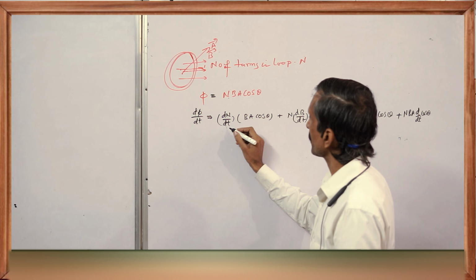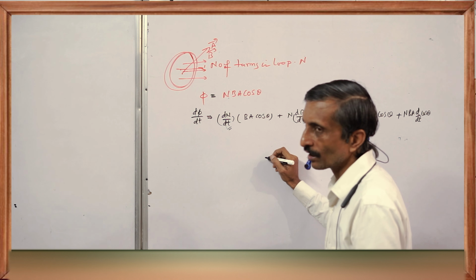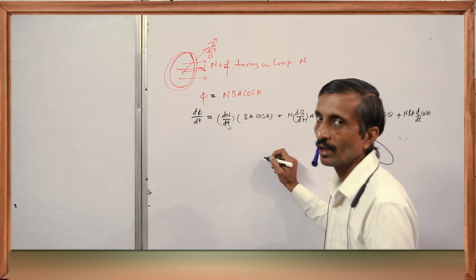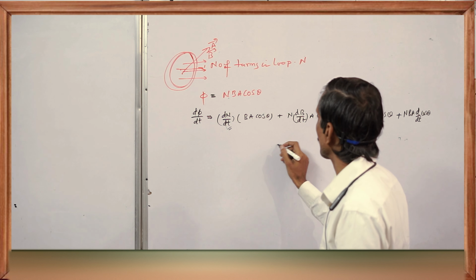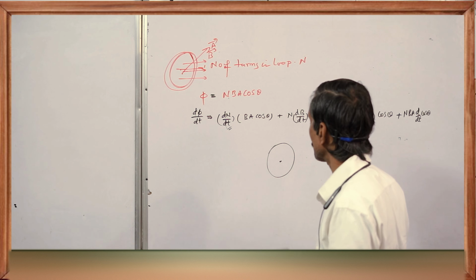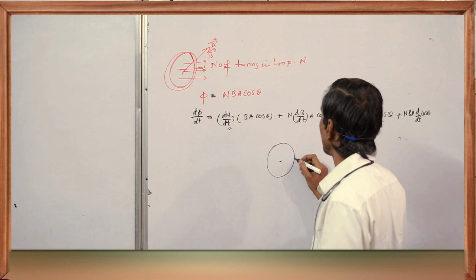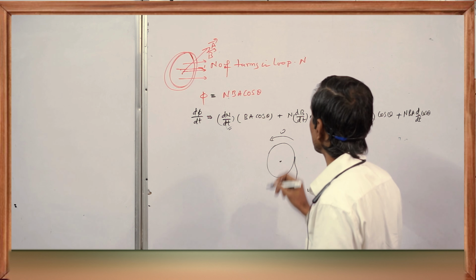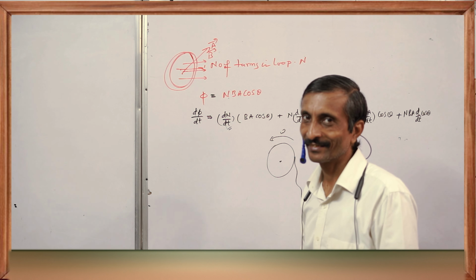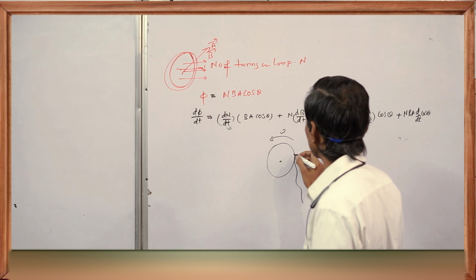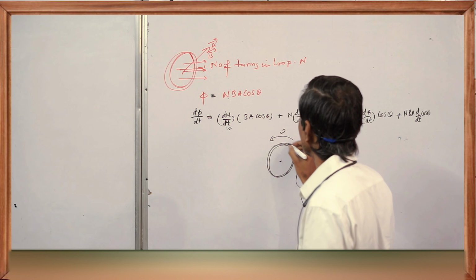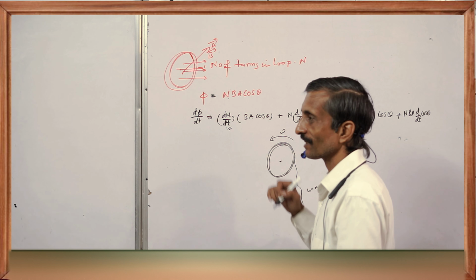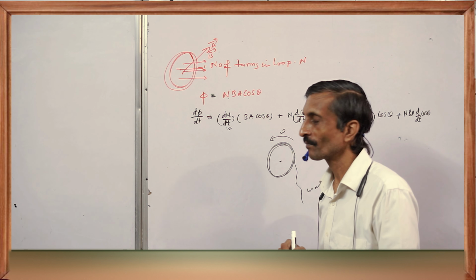How can this happen practically? For dN by dt, suppose we wrap our conducting wire on a loop, say a pulley, and we rotate this pulley with some angular speed. Then the wire wraps on the pulley, and the magnetic field is inside or outside it.